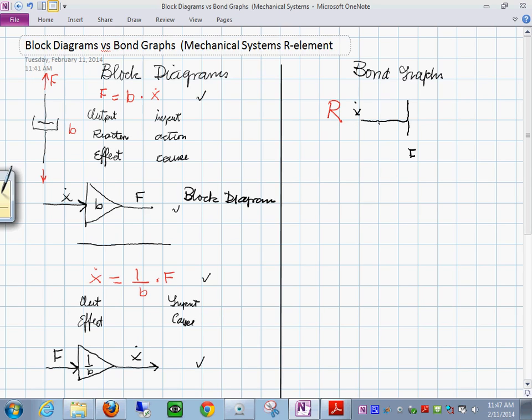I was just saying the analogies, just see if you can hold this with your hand. There is your hand, and use this as a tool. Do you see? The obvious tool is that you can push it that way. So this is what the output is in here, and this is the input over here. So if this is the case, you have this equation that F is equal to B times x dot. So this corresponds to this block diagram. And you may say this is equivalent like this.